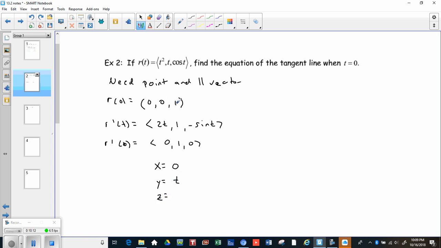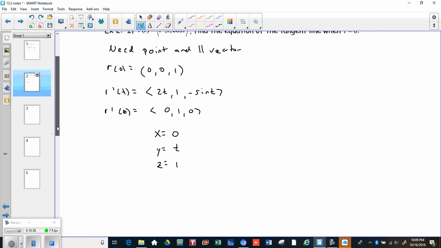And then z starts at 1 and does not have any change, so it's always 1. So there is the parametric equation for your line that is tangent to this curve at the time when t equals 0. Again, not really difficult to do. Actually, I think it's somewhat easier in this case than it was in AB and BC.